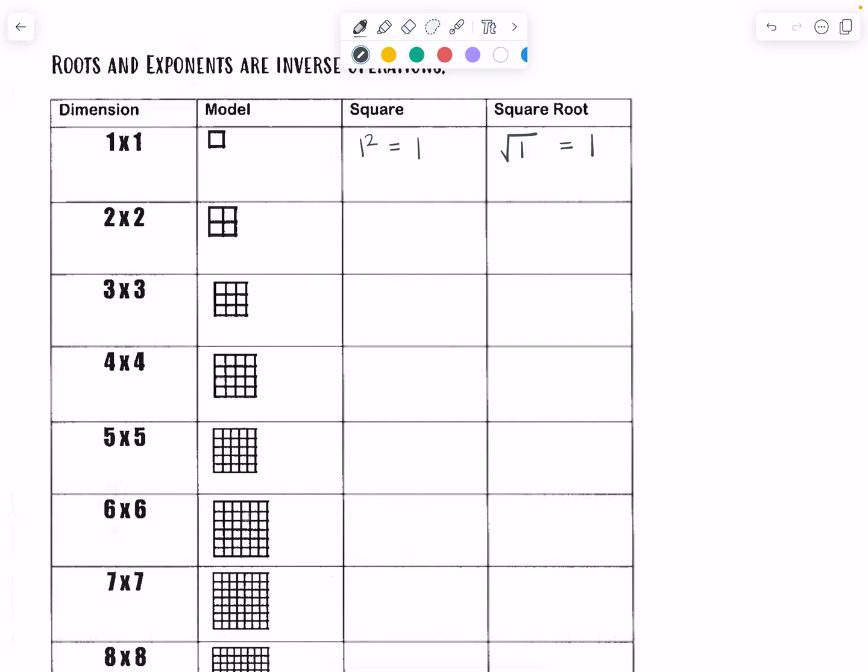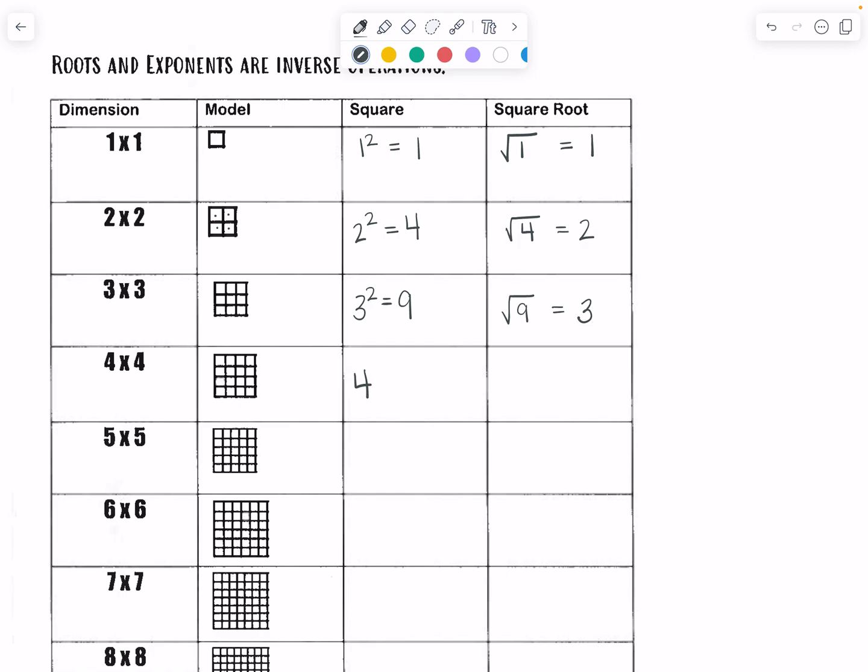A 2 by 2, 2 squared, where there's a total of 4 blocks, and then the square root of 4 is 2. A 3 by 3, 3 squared, there's a total of 9 blocks, and so 3 squared is 9. And then the square root of 9 is 3.